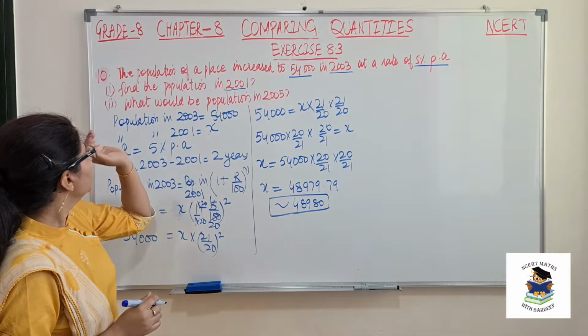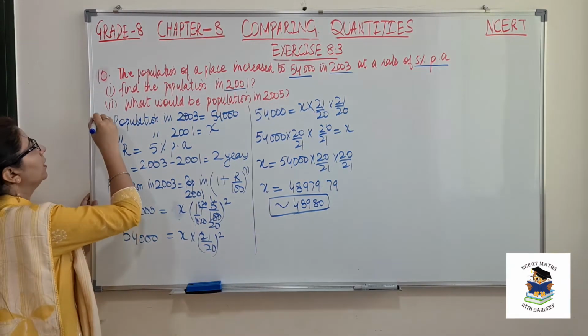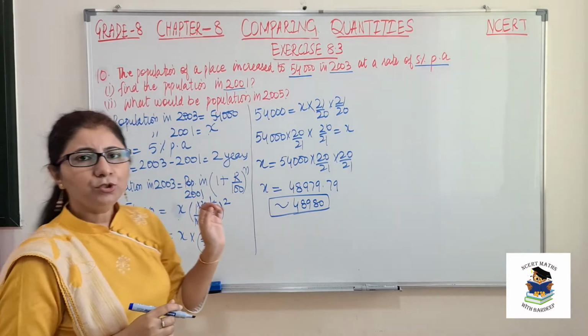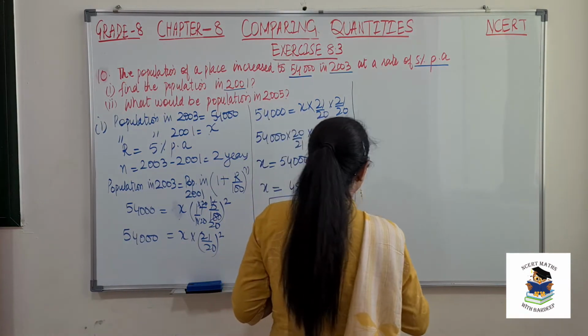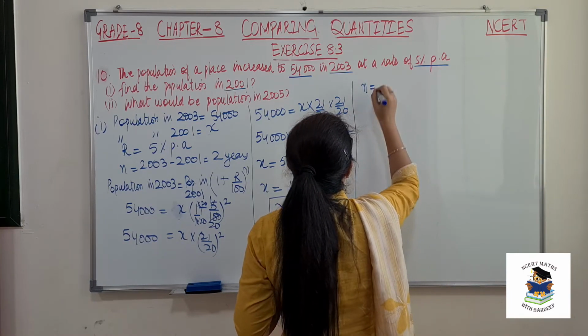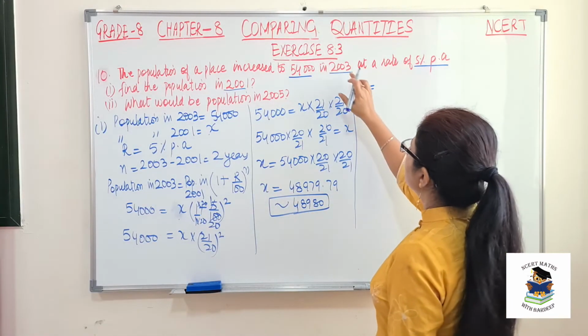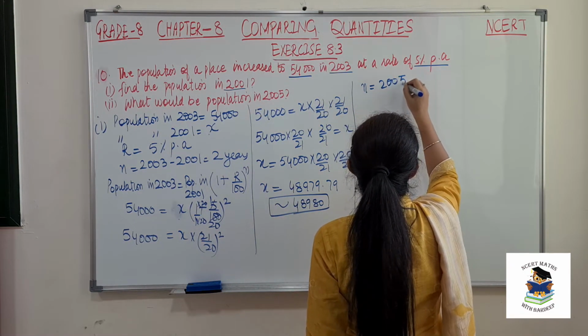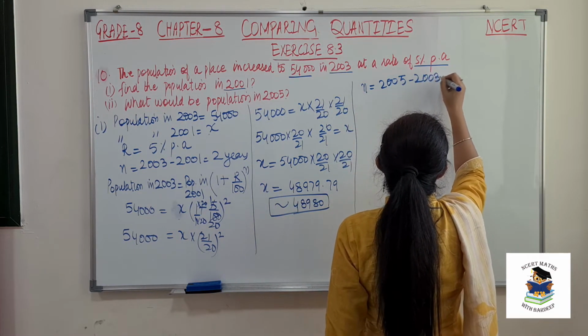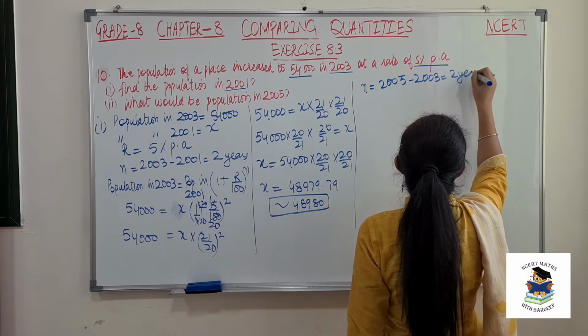Second is, what would be the population in 2005? Okay, so in 2005, n should be, 2003 is given, so 2005 is 2 years again.